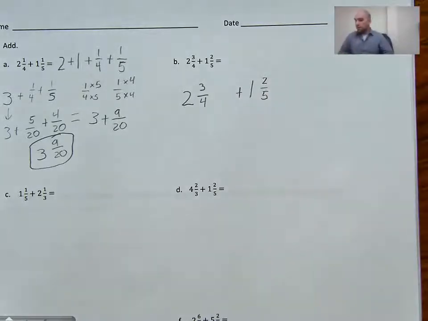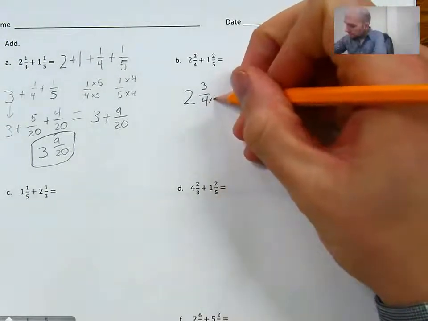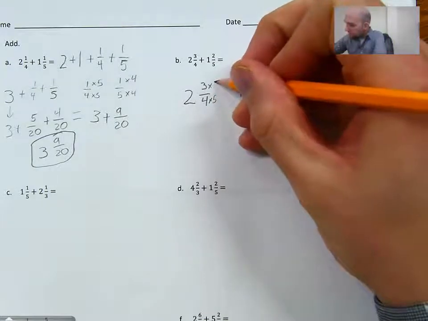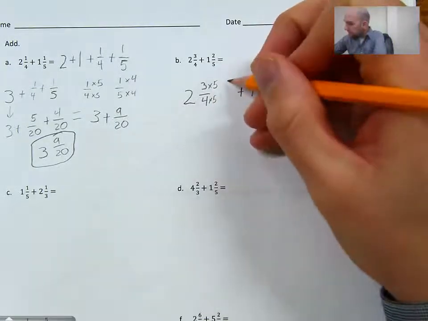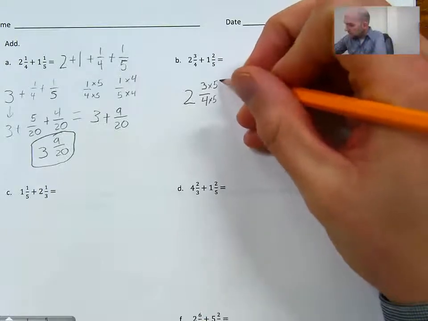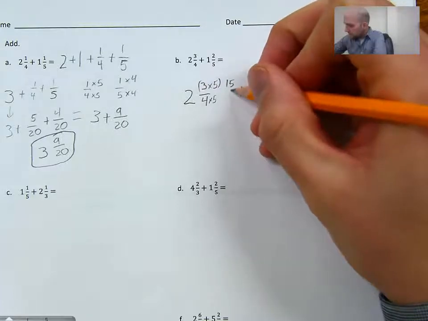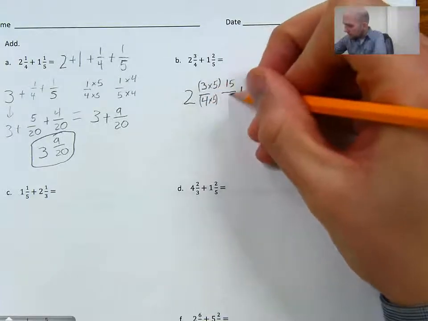Well, we already know that our common denominator between 4 and 5 is going to be 20. So I'm just going to multiply this by 5 to get 20. Multiply my numerator by 5, and 20 on the bottom.